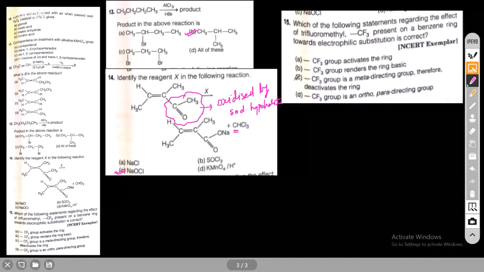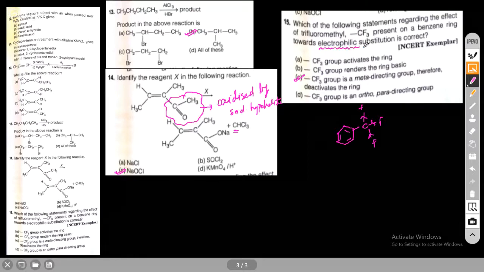You see, actually, the correct answer is C over here. When this trifluoromethyl, CF3, is attached to the benzene ring, all these three fluorine atoms are electron withdrawing, right? And the question is about electrophilic substitution reaction.